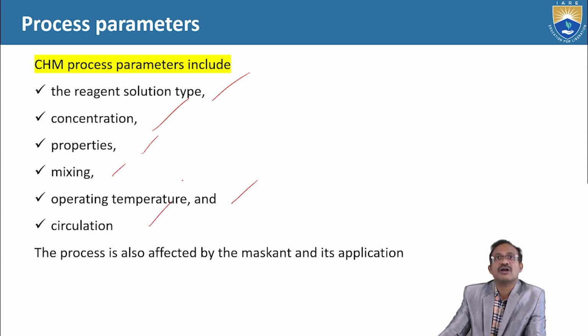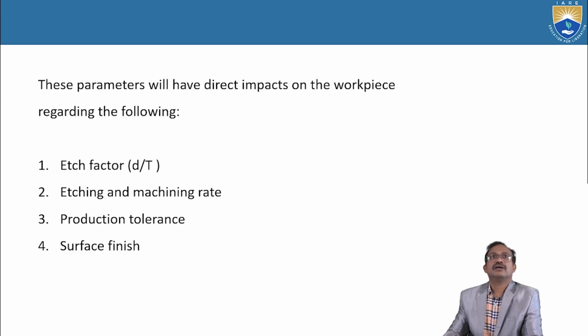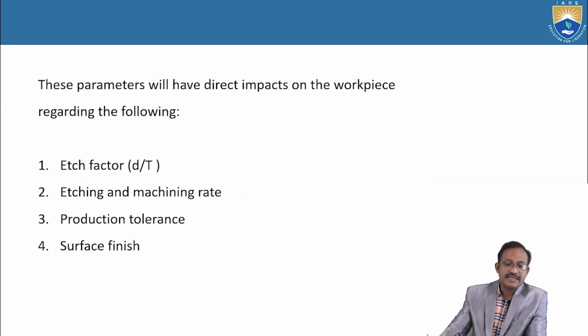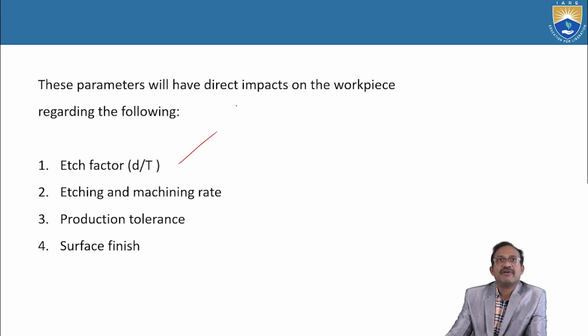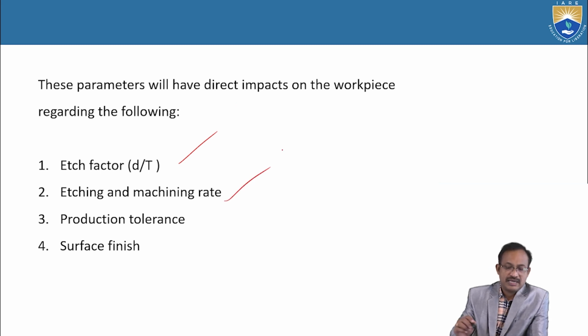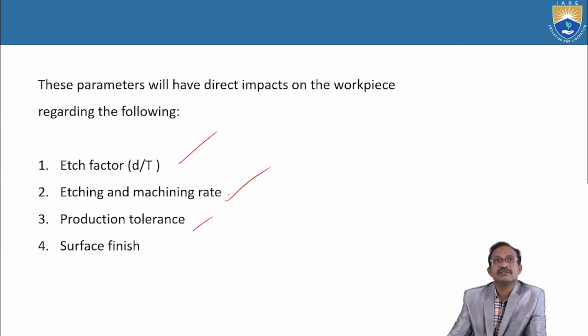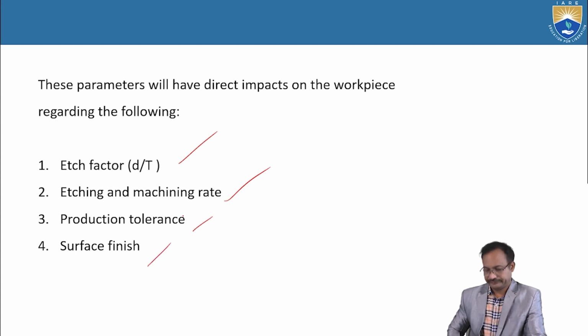The process is also affected by the maskant and its application. These parameters have a direct impact on the workpiece regarding the following: etch factor, etching and machining rate, production tolerance, and surface finish.